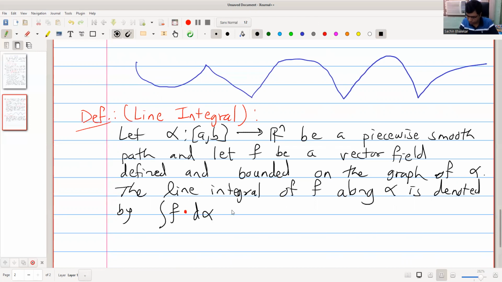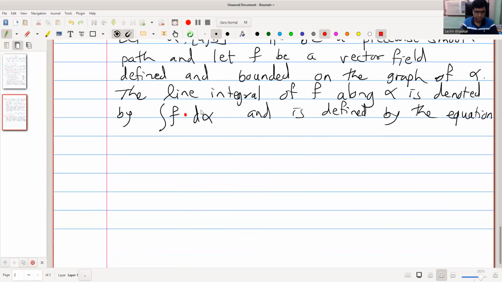We are going to see how to define this, and it is defined by the equation integral F dot d alpha equal to integral from a to b of F of alpha of t dot alpha dash of t dt.